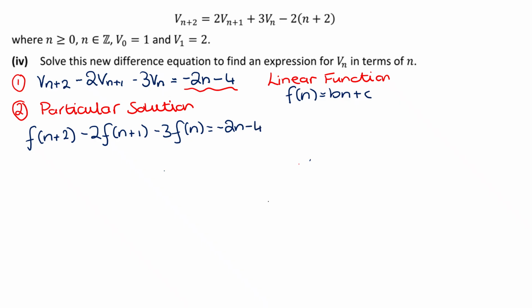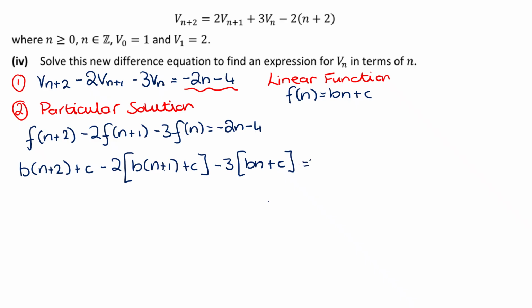So that gives us b(n+2) plus c minus 2(b(n+1) plus c) minus 3(bn plus c) equals minus 2n minus 4.